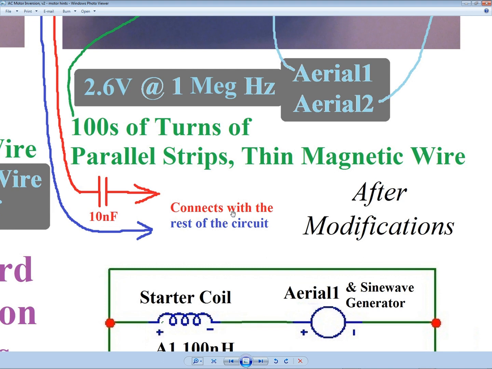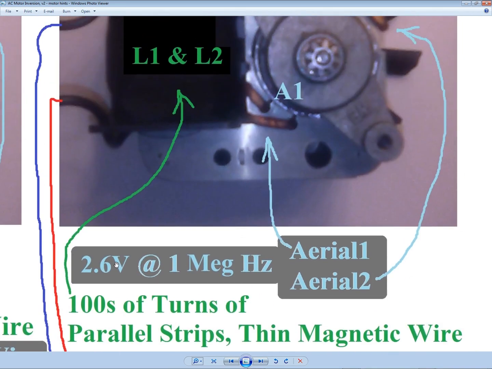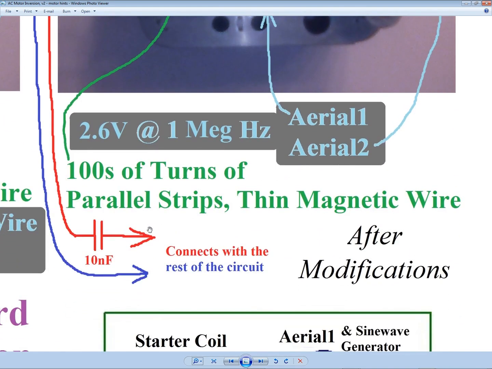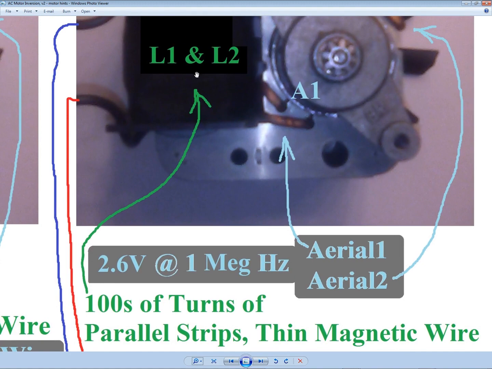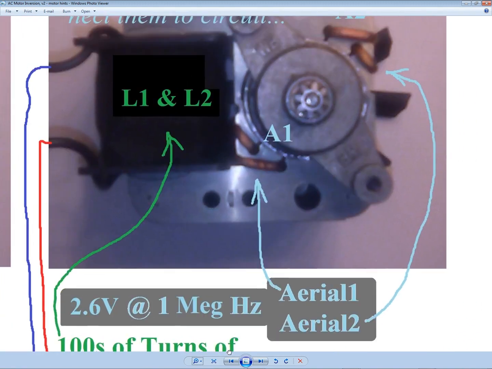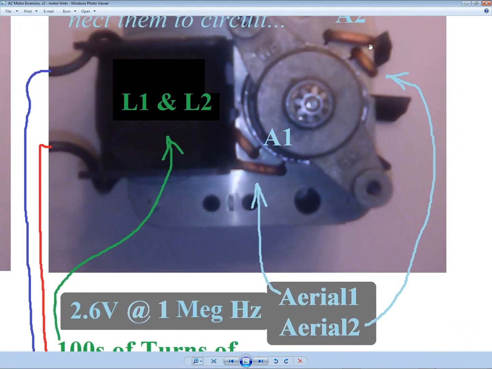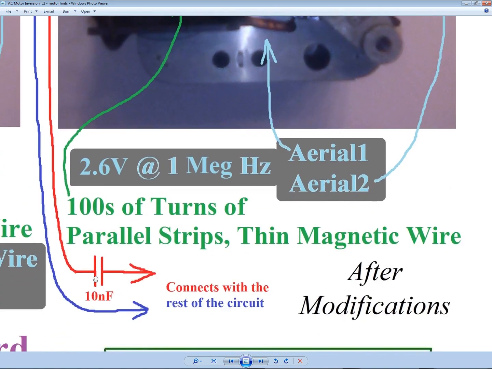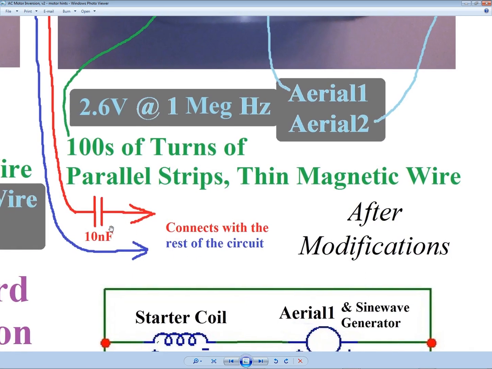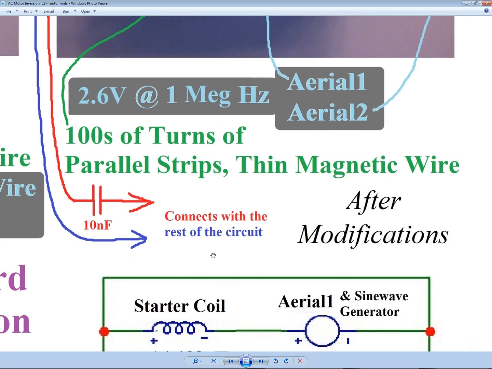The circuit is simply the arrangement of these parts: the motor with the sine wave generator and the teensy pair of voltage sources, the bifilar coil on the motor, where you broke open the current or starter coils to connect them to the circuit, and a little 10 nanofarad capacitor. This capacitor is a minor improvement, but it does improve efficiency.